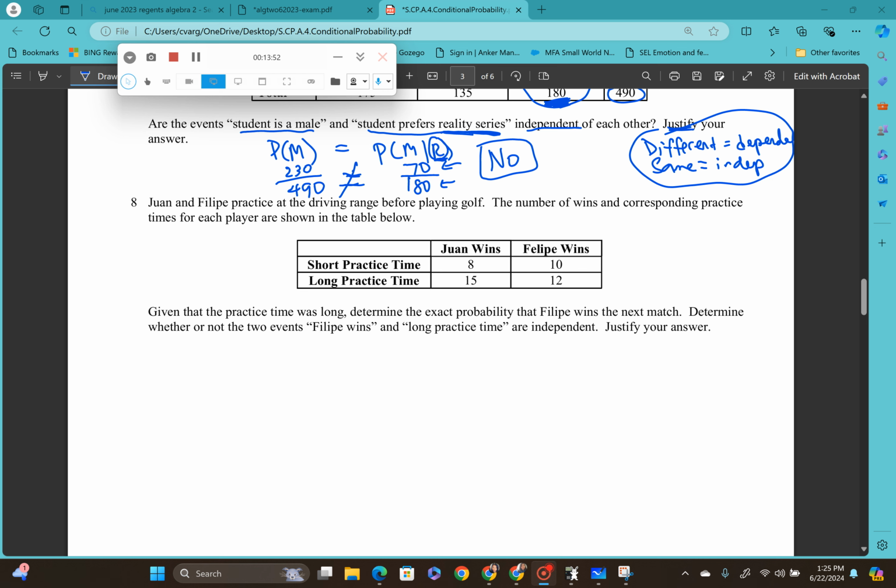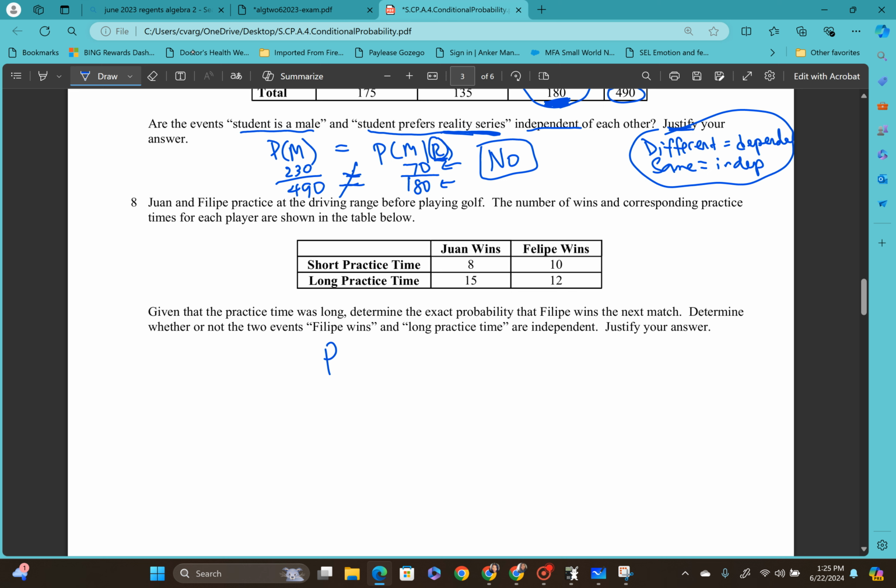So the probability of Felipe wins, right, and long-term practice. So probability of Felipe given long-term practice, we want to see if that's the same or different than the probability of Felipe winning. Cool.